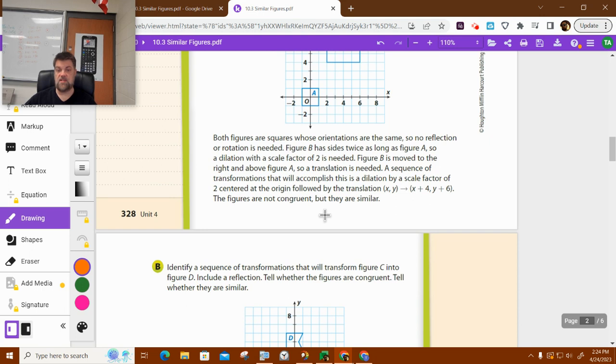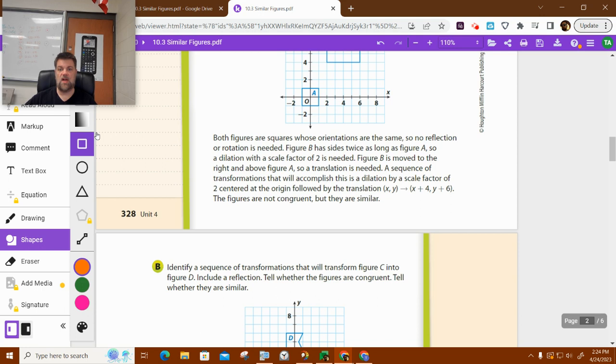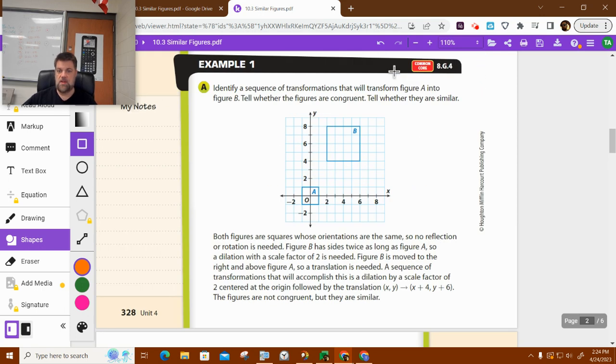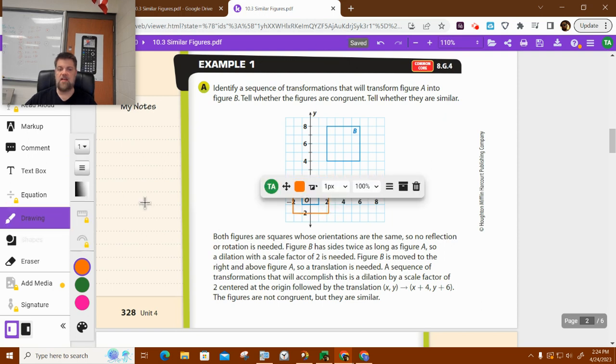See how this square is 4 units by 4 units, and this one's just 2 by 2? So I'm guessing that this was constructed. That's a dilation, right? And then it was just moved.